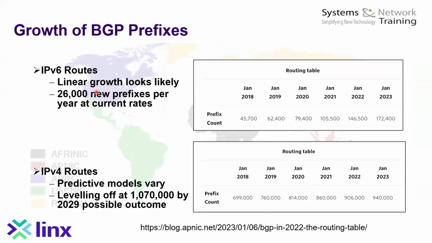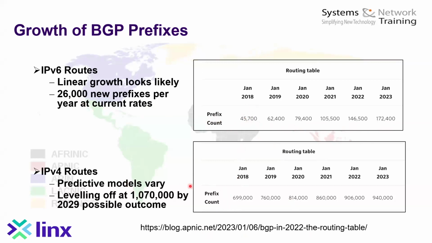In the case of IP version 6 routes, those routes have been steadily growing, as this figure shows from the Asia Pacific Internet Registry blog, increasing at about 26,000 prefixes added to their routers per year. The conclusion of this blog is that they expect that number to keep increasing at a similar rate for the foreseeable future.